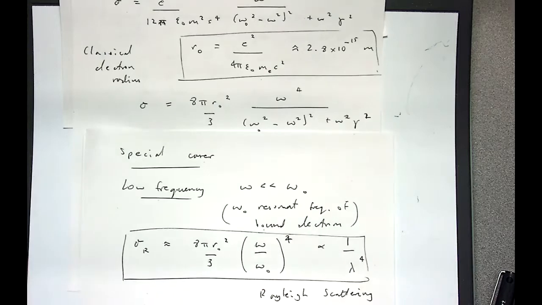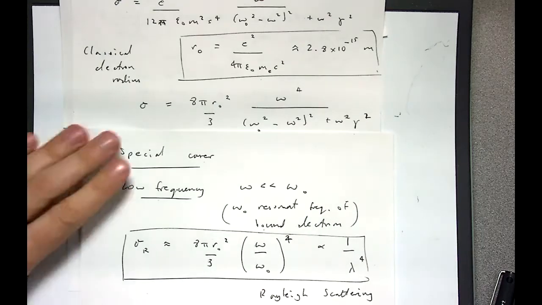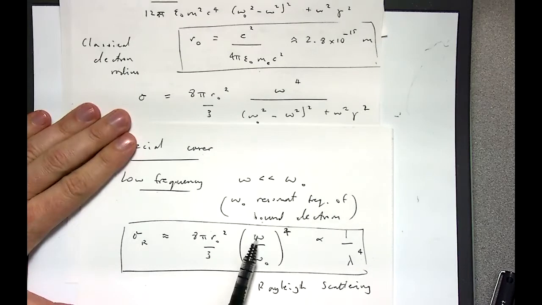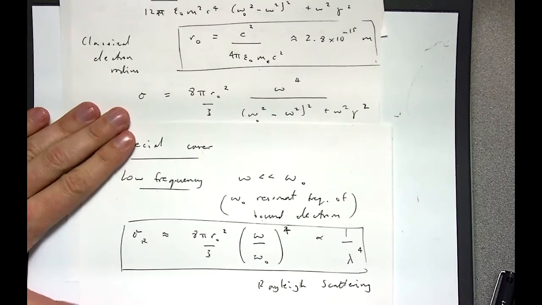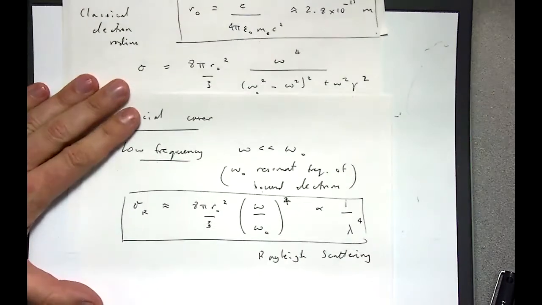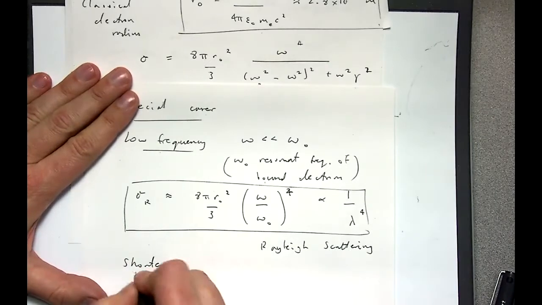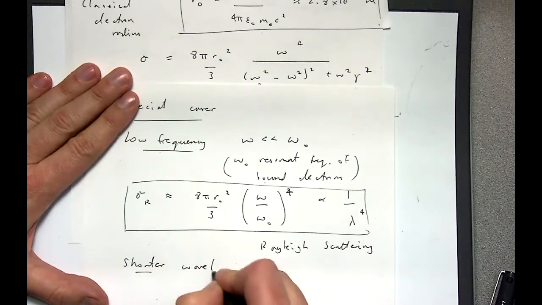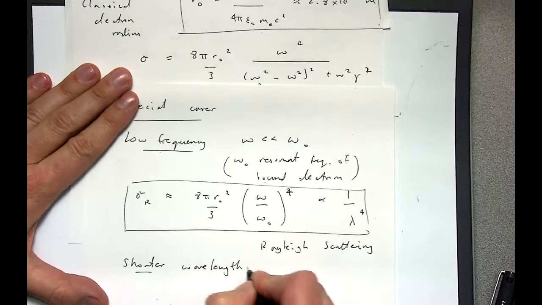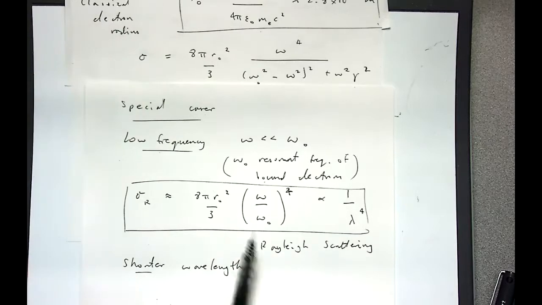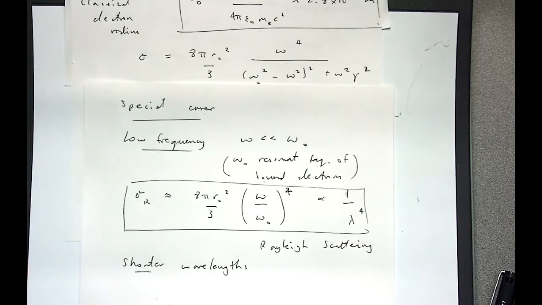Okay? And the important statement here is that as omega goes up, in other words, as the wavelength goes down, the shorter wavelengths are scattered more, which of course you already know. You know this. But here we just calculated directly how much is scattered. Now, if only we knew omega 0, we'd be able to work out the exact power.